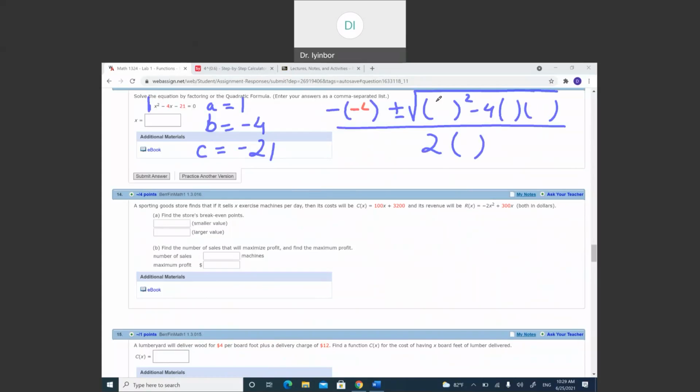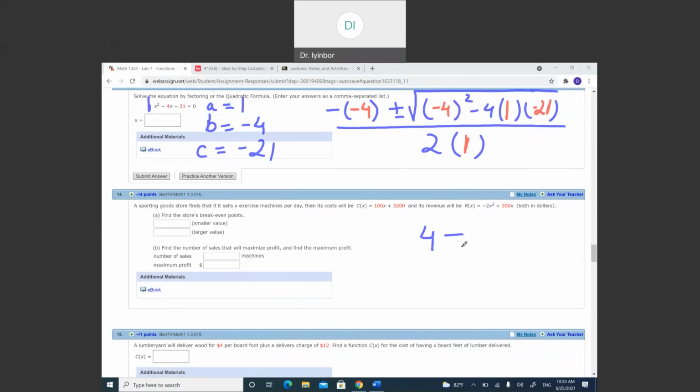And then b squared, which is also negative 4, minus 4a, and c is negative 21, over 2 times a. So this is what you get when you plug it in. And then you're going to simplify. Now, you can use symbol up here. It's easy to use symbol up. So what I'm going to do first is simplify a little bit. I have negative 4, so that's going to give me 2 negatives, give me positive 4, plus or minus.